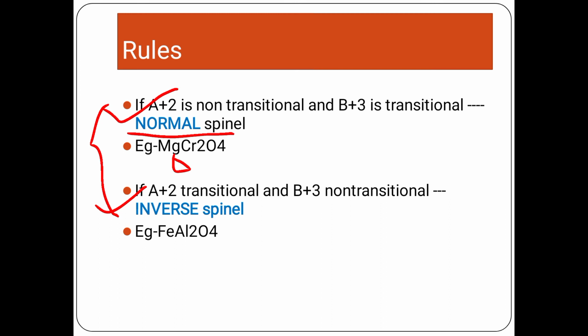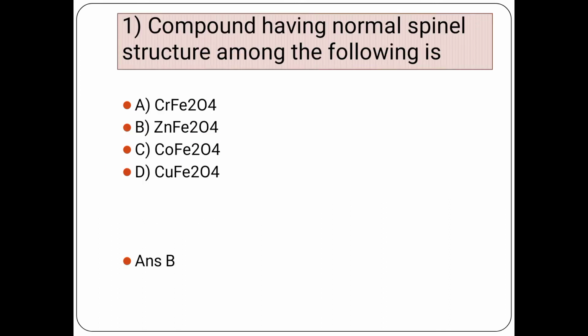So coming to one or two examples I've got of questions. So let's do them. The compound having a normal spinel structure among the following is. So for normal spinel, what is the rule I have told you? First rule, when both are non-transitional. In that you consider D0, D5 and D10 also to be non-transitional. Second case, if the CFSE of B plus 3 is greater, it is normal spinel.